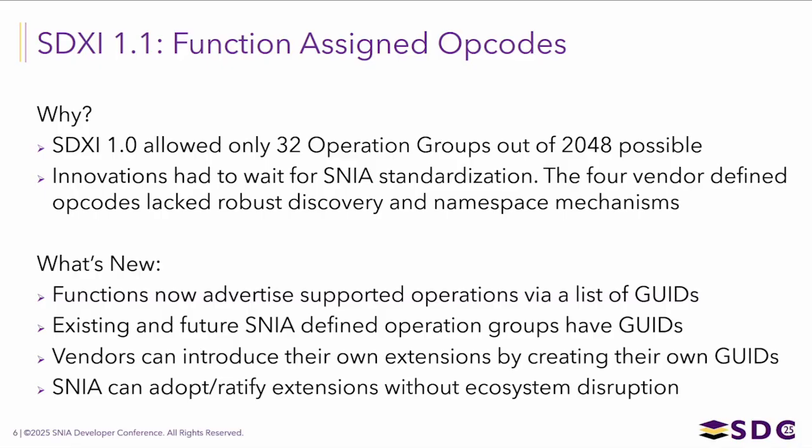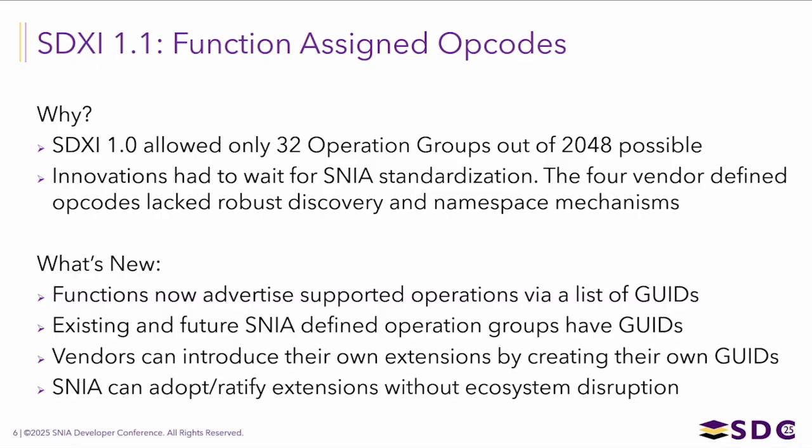Also, when it comes to access control, when the hypervisor or operating system selects what a particular process is allowed to use, the op group is used to select and say, yes, you're allowed access, or you're not allowed access. The 1.0 spec was provisioned to allow an SDXI function and implementation to support up to 32 opcode groups. Beyond that, there wasn't full provisioning, even though the actual opcode space was 2048 in size.